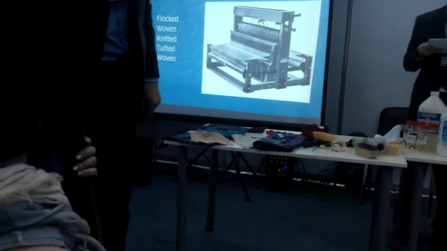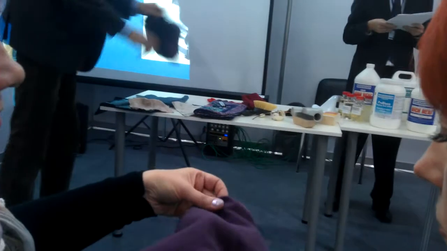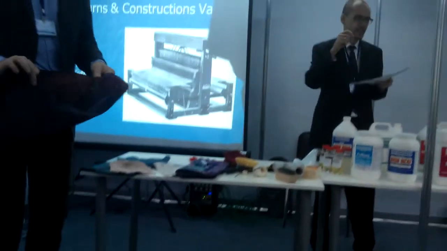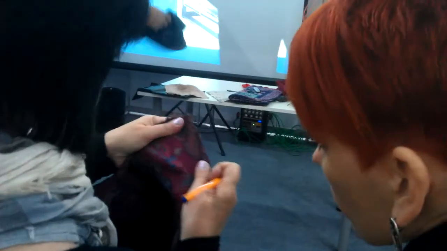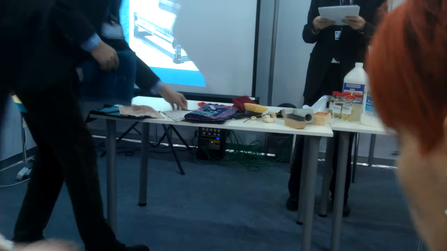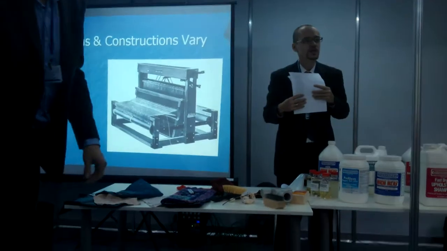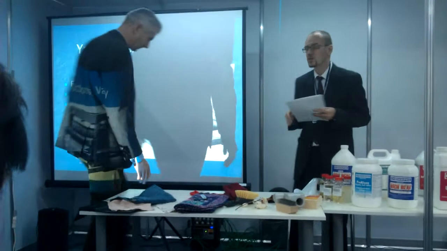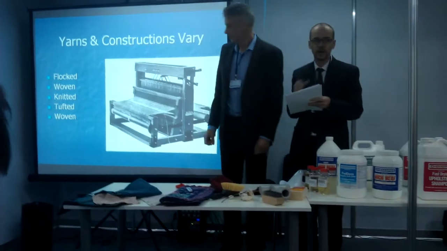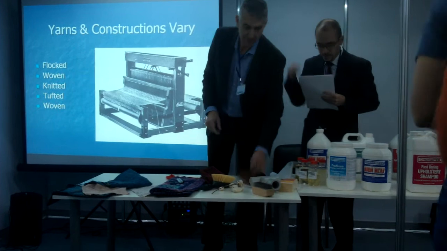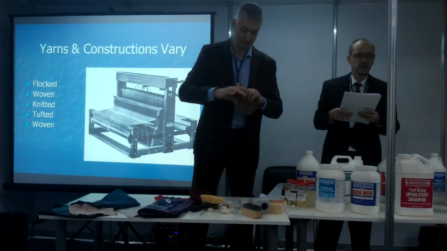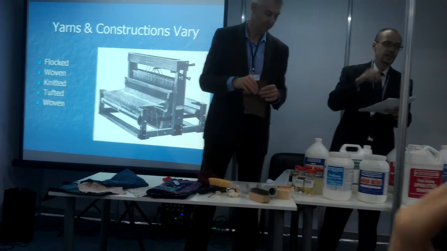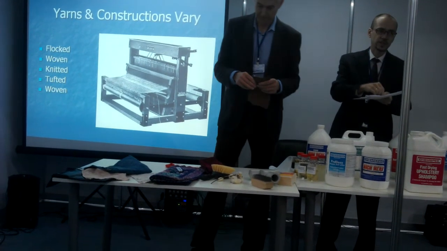Let's pass this around. Flocking is when the individual fibers are stuck into a back coat, glued onto a base. Each tiny fiber is glued onto the backing.